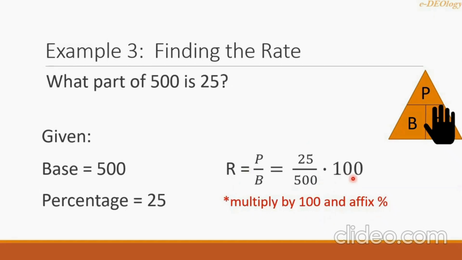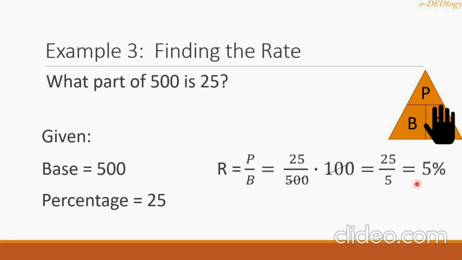Multiplying by 100, we can cancel this 100 and 500, and then the simplified form will be 25 over 5, and that is equal to 5%. So the percent sign is now affixed. So 25 is 5% of this 500.